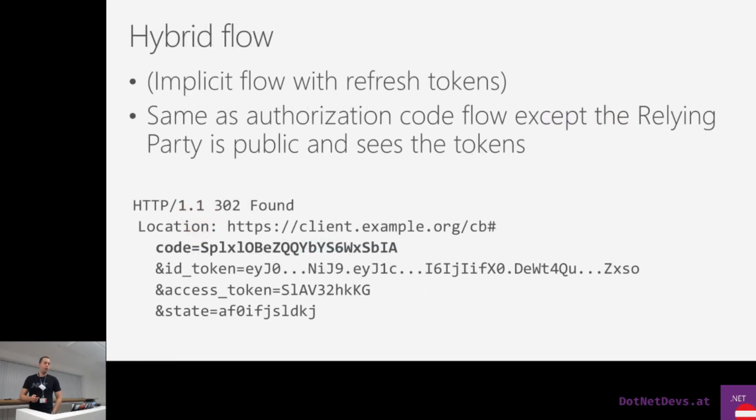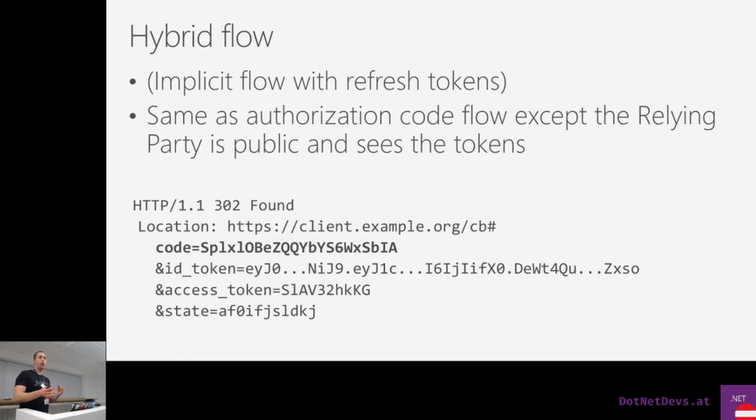So this is very useful, but there's also a hybrid flow, because you can ask for a code and ID tokens and refresh tokens. The way this works is you would get a code that maybe the single page application can't exchange for other tokens, but the single page application could get the ID token and actually know what his name is and could display information, but send the code off to another part of the application.